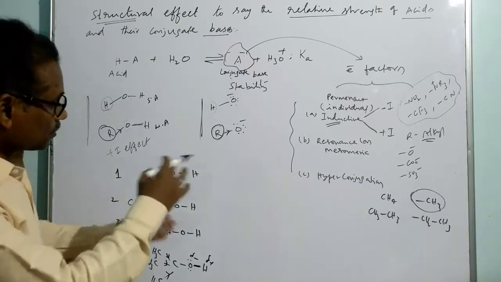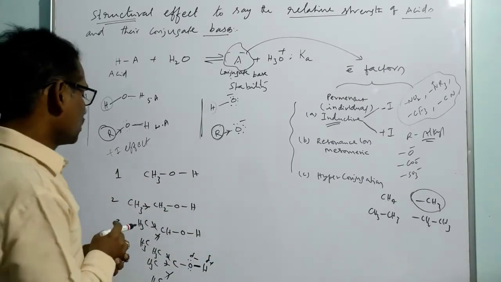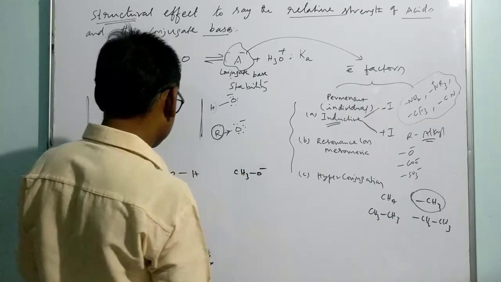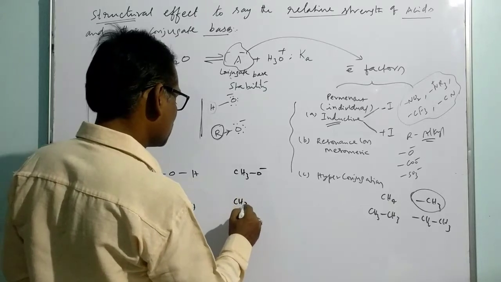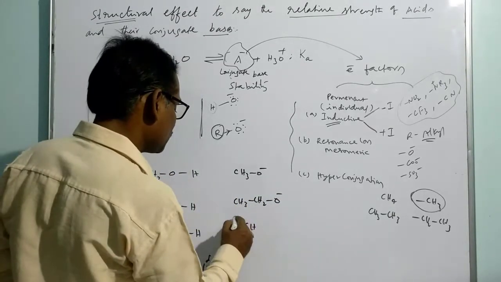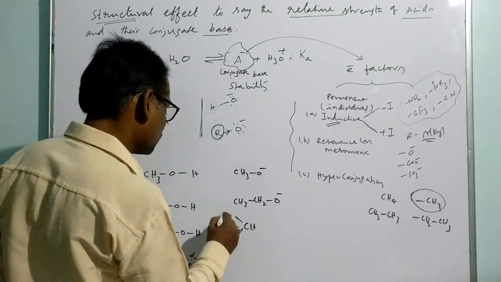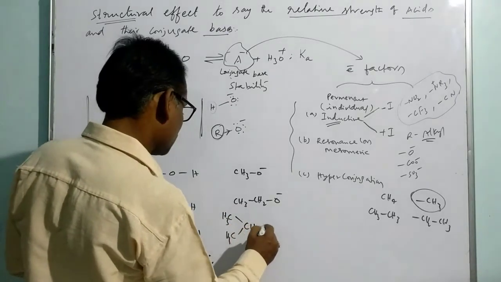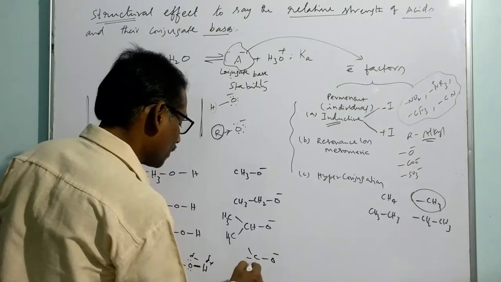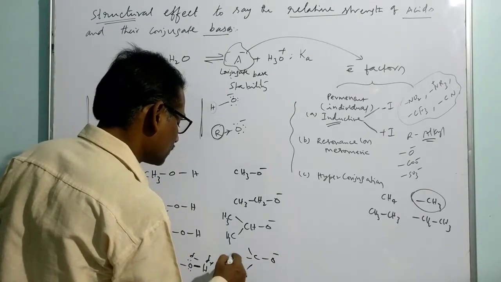Otherwise, if you think about the respective conjugate bases, what is the conjugate base of this? CH3O minus, here CH3CH2O minus, here this one, and here three methyl groups.